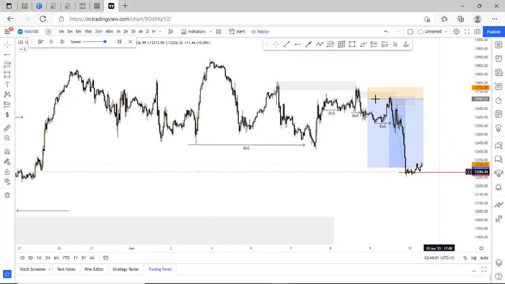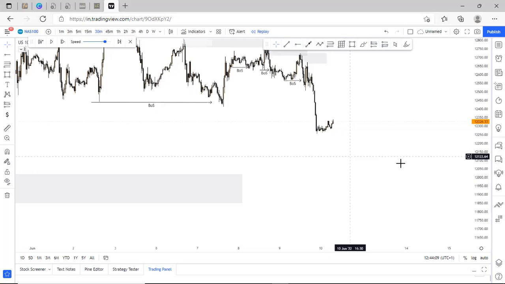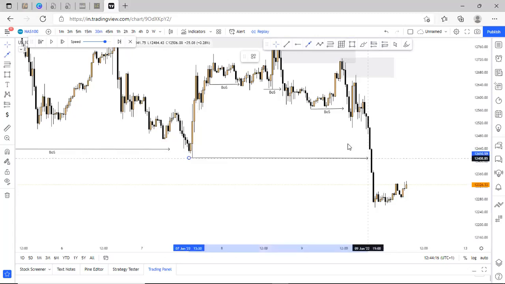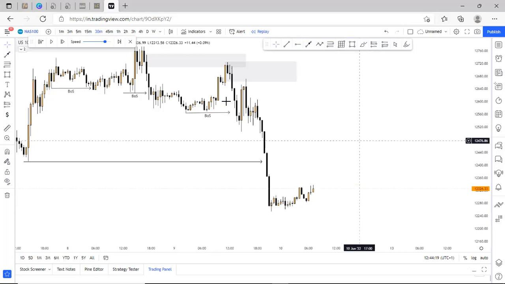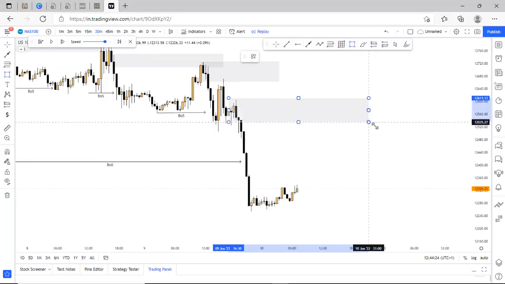Then moving on to Friday now, after securing this trade. As you can see, we've taken out this other significant low as well. And price has also left behind this supply area.